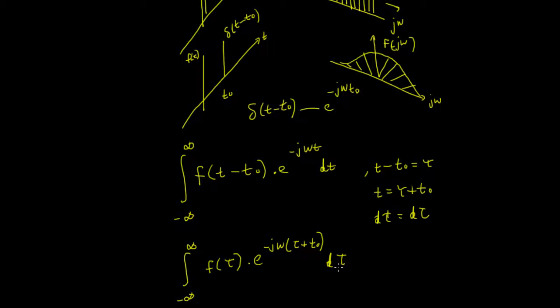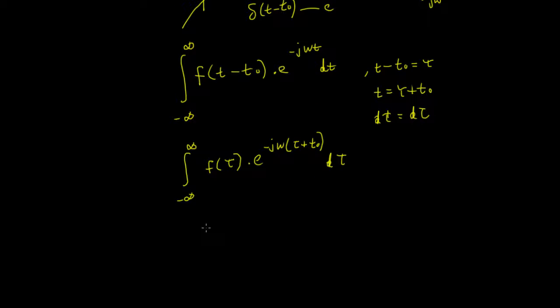So what we can do then is rewrite that, and we can take out e to the minus j omega t naught, because we're integrating with respect to tau and not t naught, so t naught is independent of it.